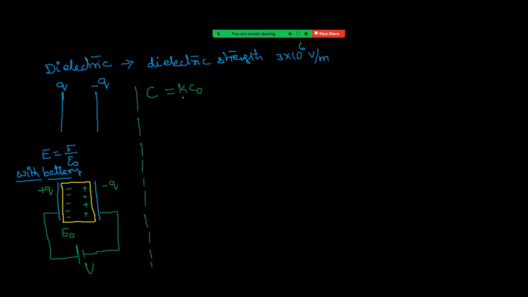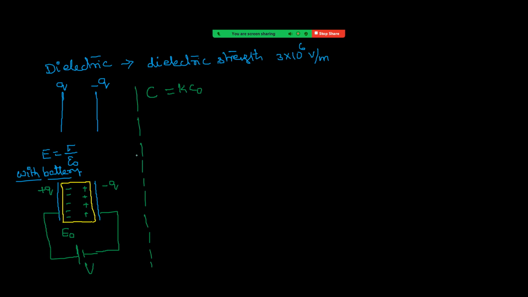So the first thing, when we place the dielectric, its capacitance becomes K times. In fact, this we take as the definition for dielectric constant. Whether the battery is there or not, capacitance becomes K times, and this is fixed.